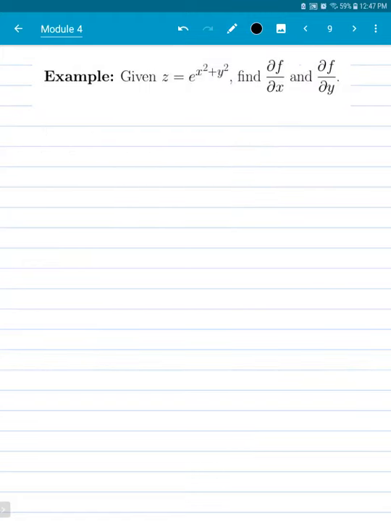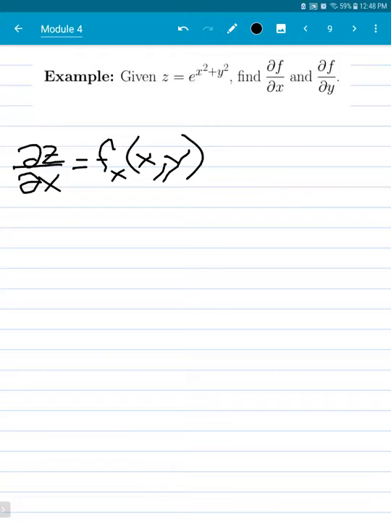we have the partial of z with respect to x, or simply f sub x. You may want to omit the ordered pairs. Just simply write f sub x. Okay, this will be given by e to the x squared plus y squared.